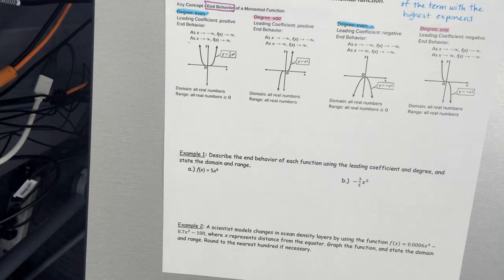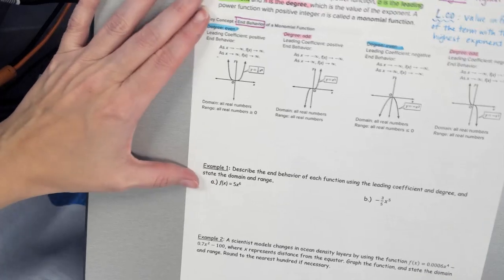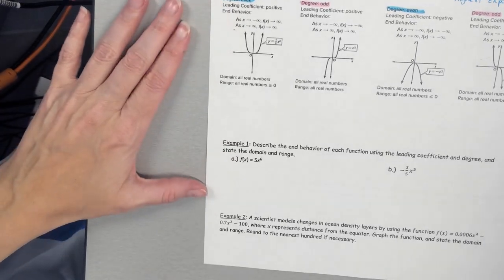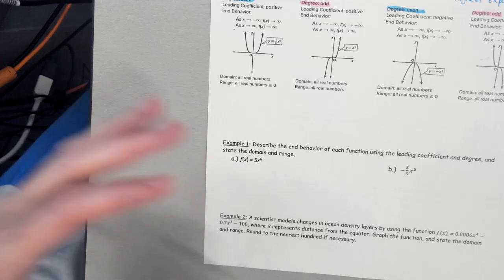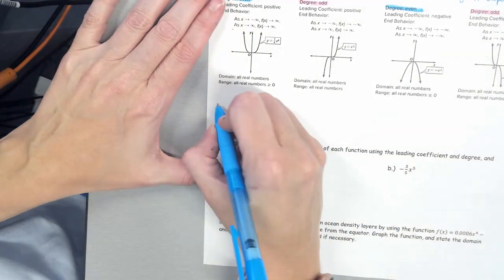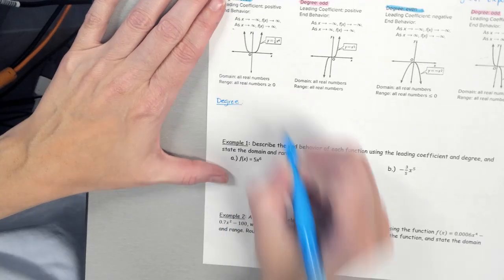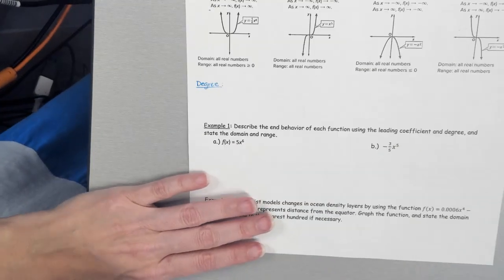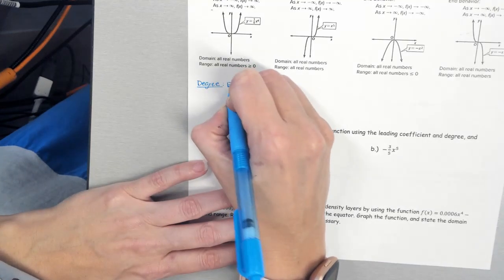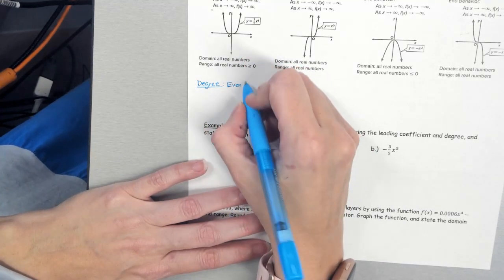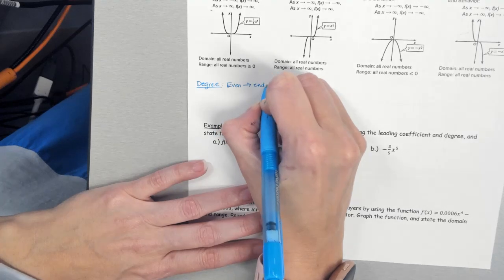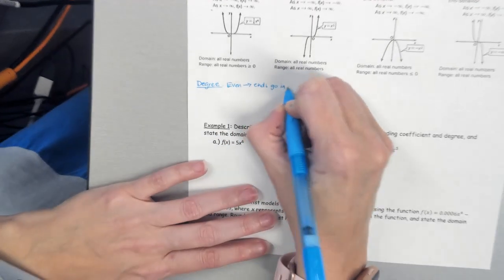Okay, so anytime your degree is an even degree, we know that the ends are going to be going to either positive infinity or negative infinity is what we say. Okay, so your degree, we're going to write it here. Your degree can either be even or odd, and if it is even, the ends go in the same direction.